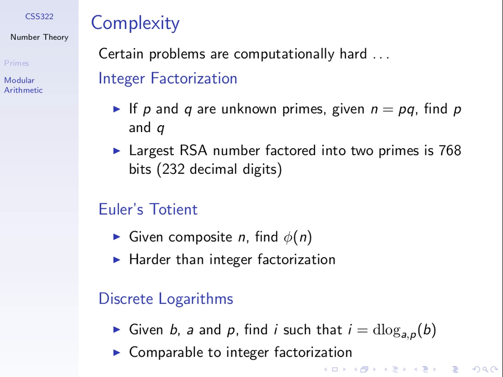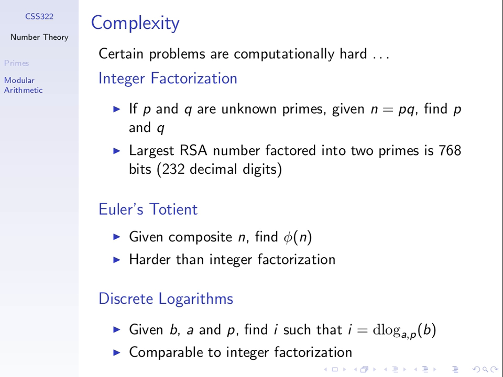So you write a number with 232 digits, then that's about the limit that someone could factor into the prime numbers. Any larger, and it takes too long. So if you have 1,000 bits, then it's going to take too long for someone to find the prime factors.